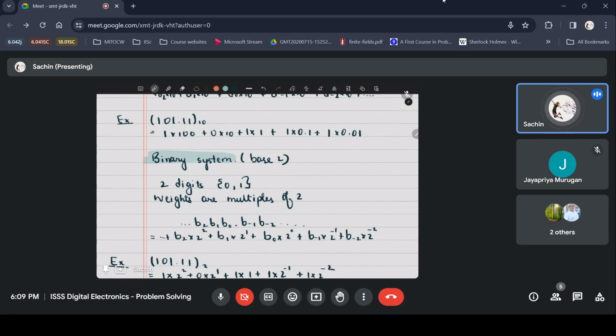A switch can have two states, right? A light switch, say, can either be on or off. So there are two states for the switch, and you can take each of them to represent one particular number. It can be a 0 if it's off and a 1 if it's on, or, if you are using active low logic, it could be a 0 if it's high or a 1 if it's low.